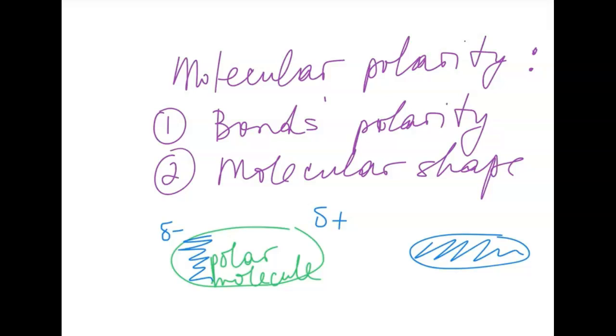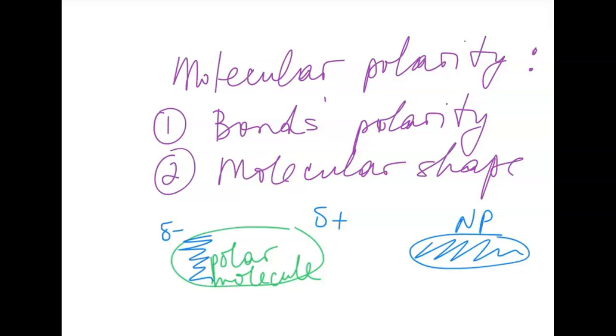That's why I put delta negative on the left side and delta positive on the right side. For a nonpolar molecule, the electron density is the same in the whole molecule, so there are no charges at all, but in a polar molecule there will be charges. So one part of the molecule will have a different charge than the other.